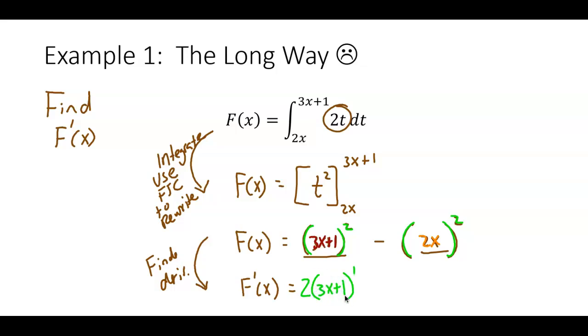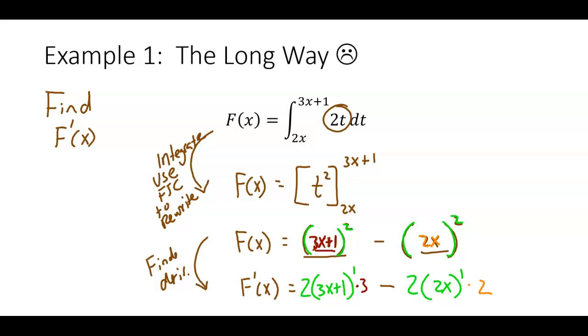And then we're going to multiply that by the derivative of the inside. The derivative of the inside there is 3 minus, and then I'm going to do the derivative of the outside again, same thing. And then I'm going to multiply that by the derivative of the inside, which is just 2.